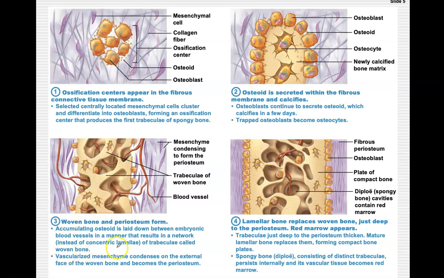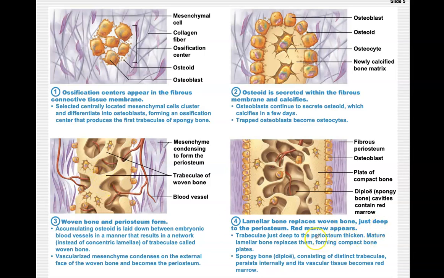Then we'll have the invasion, of course, of blood vessels into this area. We didn't talk about that in the last model, but you'll start to see the invasion of blood vessels coming in here to feed those osteocytes, as well as to fill the red marrow in the spaces in that spongy bone.